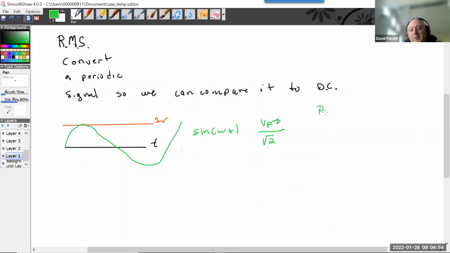So if power DC is just V times I, well, what about power of that AC? Well, that would just be V RMS times I RMS. And of course, you don't usually do it that way. You have some kind of load where it's the current times the resistance, or the voltage divided by a resistance.